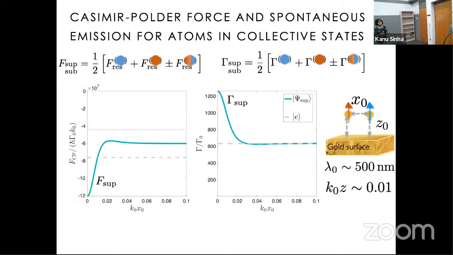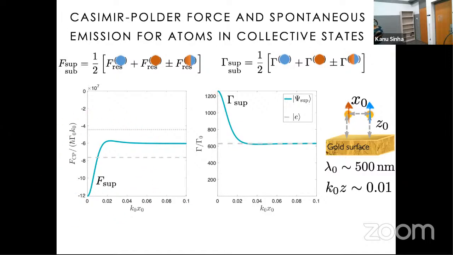We can calculate this more specifically for an example of two emitters, like we discussed, with some typical numbers. So here, let's say we can look at the force and the spontaneous emission on this system of two emitters as a function of the separation between the emitters. And we see that as the emitters get closer and closer together, we get both an enhancement in the total spontaneous emission, as well as an enhancement in the total Casimir attraction.